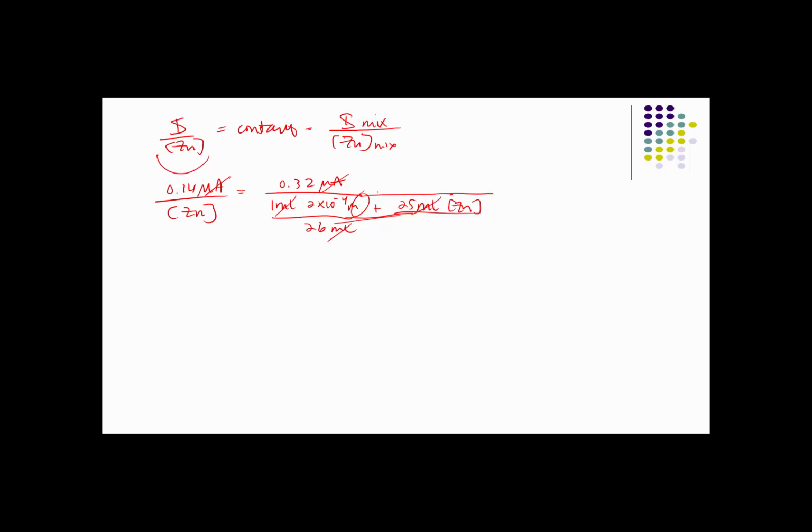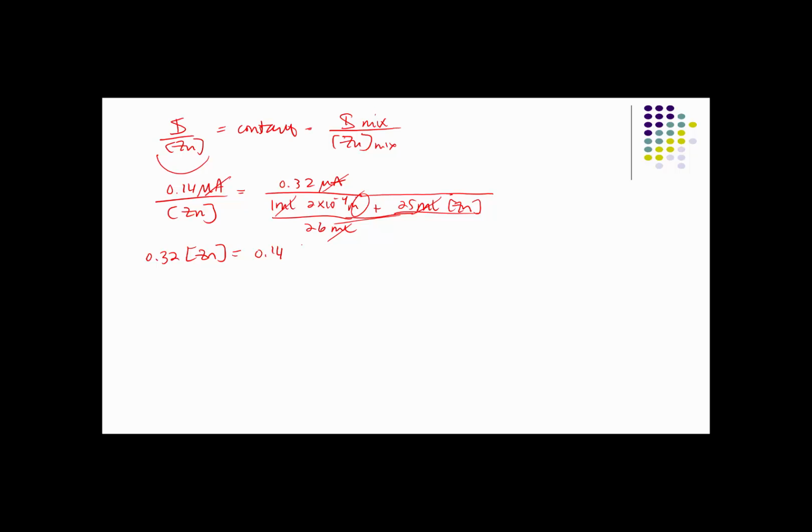So I'm going to multiply both sides by the concentration of zinc. And so I will have 0.32 times the concentration of zinc equals 0.14 times this little bit of a mess, and let me clean this part of it up.